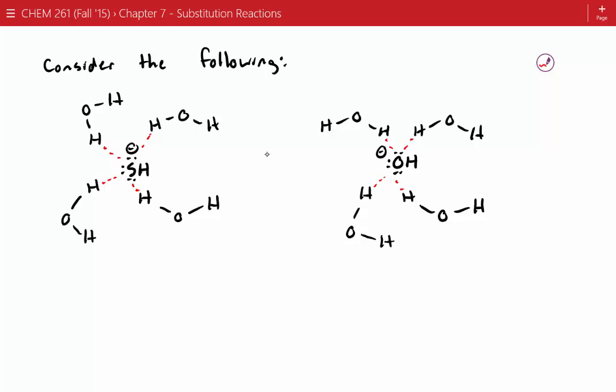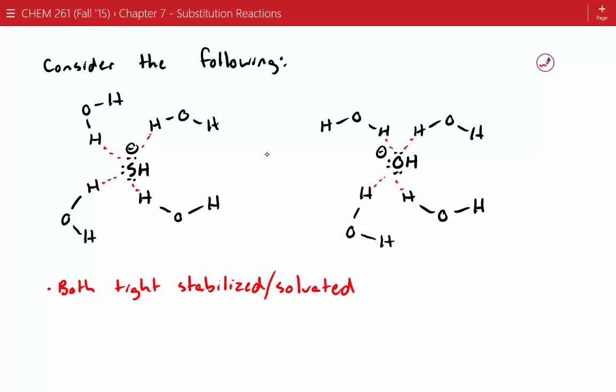So they're both tightly stabilized, or solvated, meaning they're really, really wrapped up in the solvent around them. So we can't really compare the relative stability based on solvation anymore.